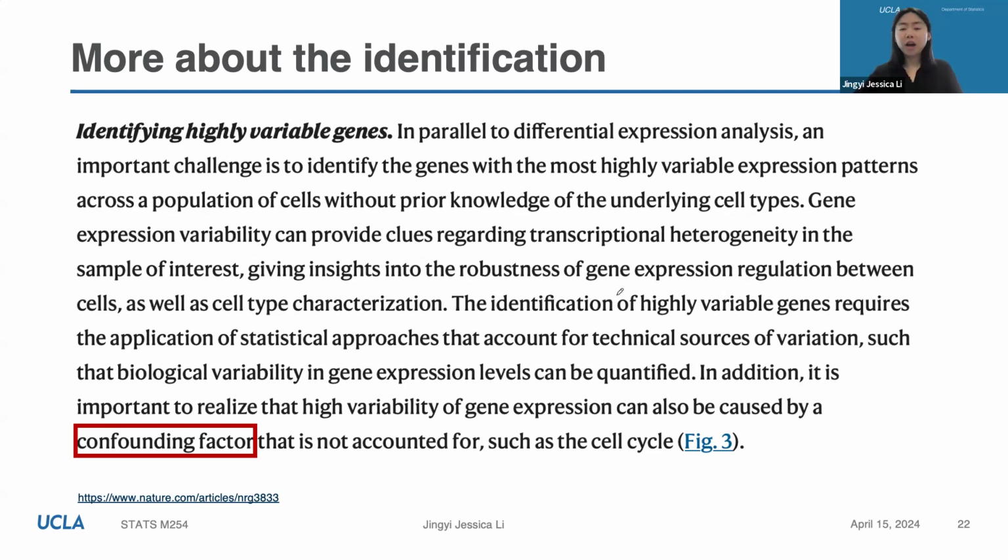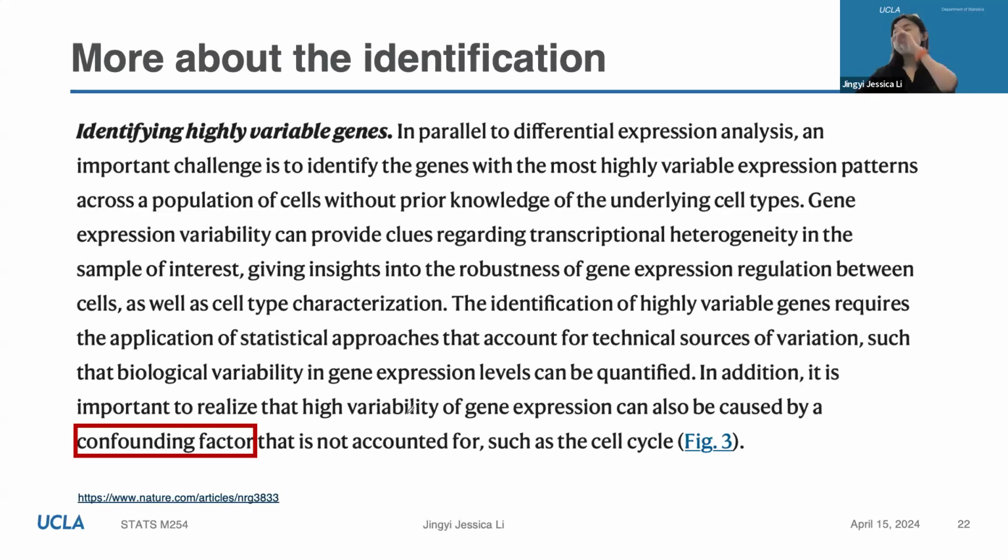The identification of highly variable genes requires the application of statistical approaches that account for technical sources of variation, such that biological variability in gene expression levels can be quantified. In addition, it is important to realize that high variability of gene expression can also be caused by a confounding factor that's not accounted for, such as cell cycle.